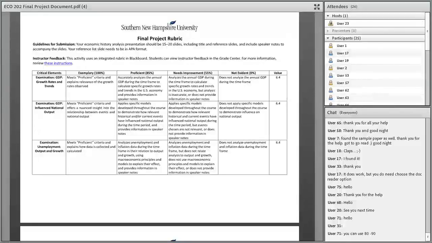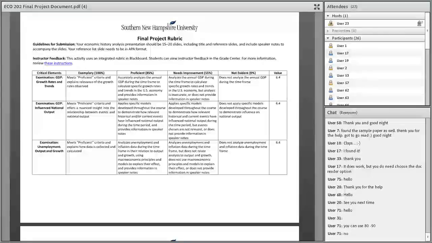You want to find historical or current events such as Hurricane Katrina, or in the 70s, the oil embargo, maybe new trade agreements that encouraged international trade with other countries. So you want to find events that affected the US historically, but that also had an impact on the economy.